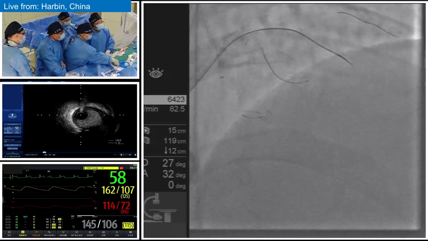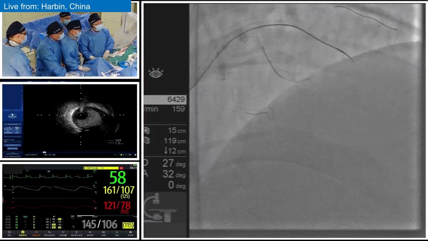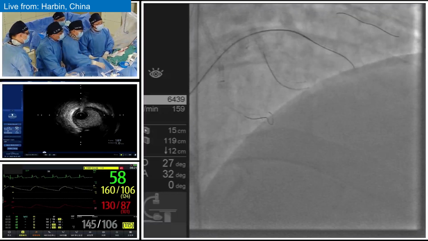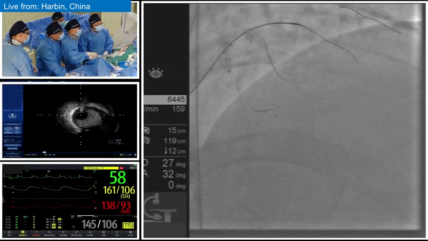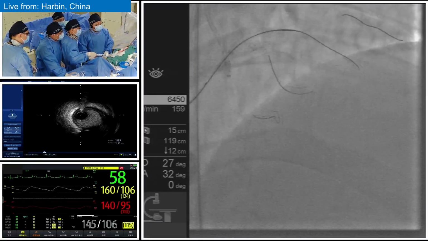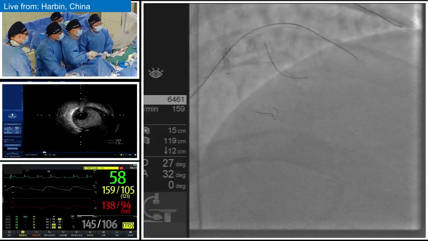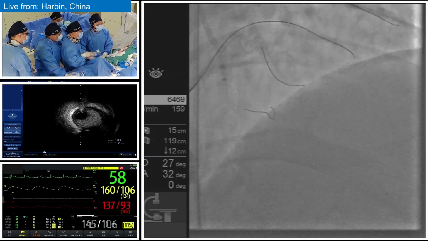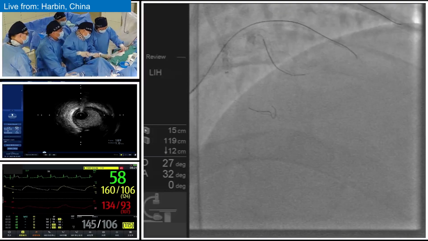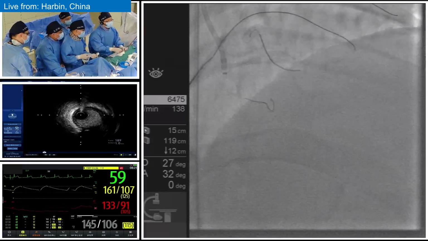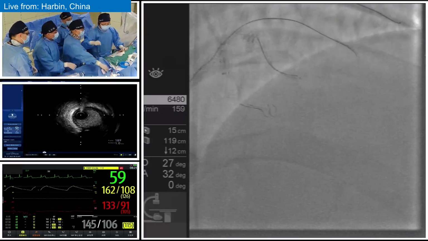For example, we can grab some predictors like the occlusion length, the duration of the occlusion, and whether it's a multiple occlusion or not. These predictors better predict the 30-minute wire crossing success rate, which might offer more information for our strategies as well as predict the procedure rate.